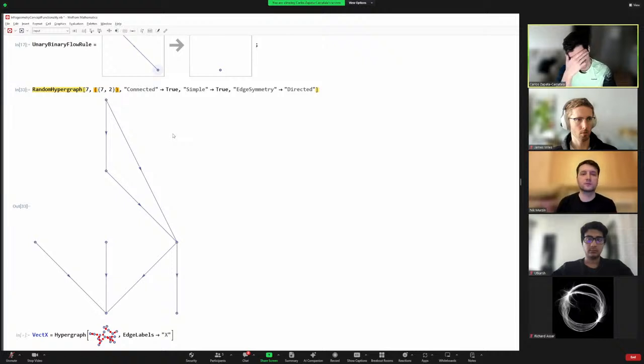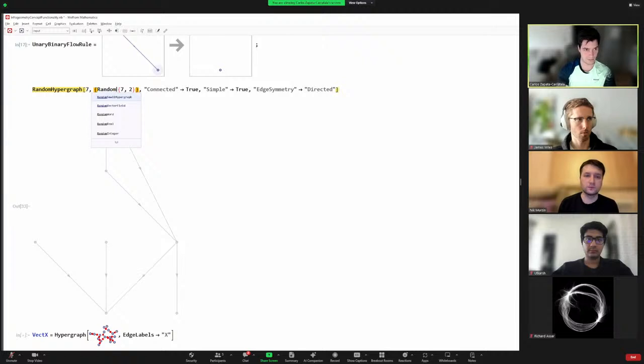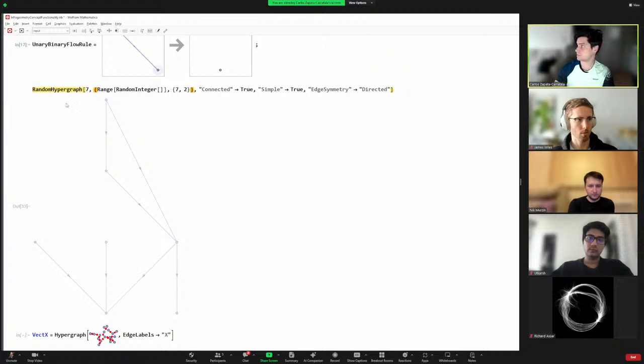A quick way is a random integer with a range.